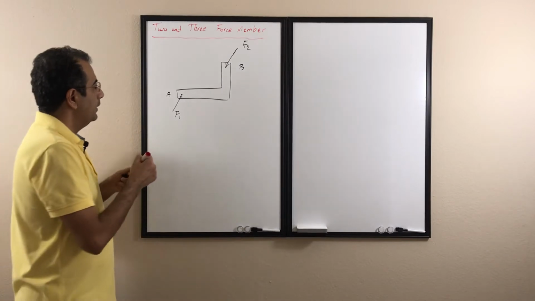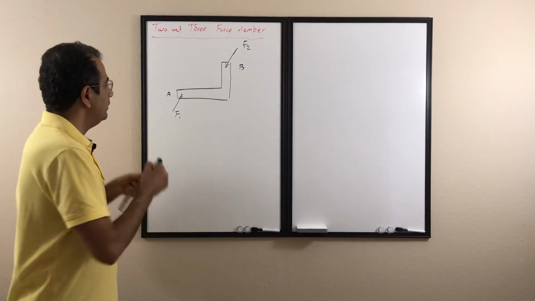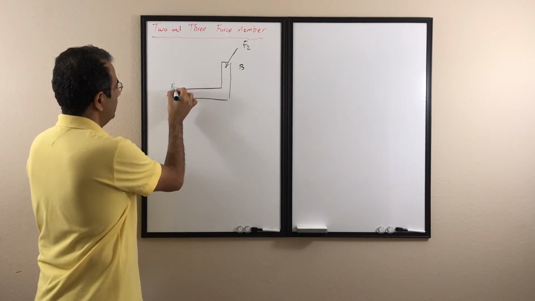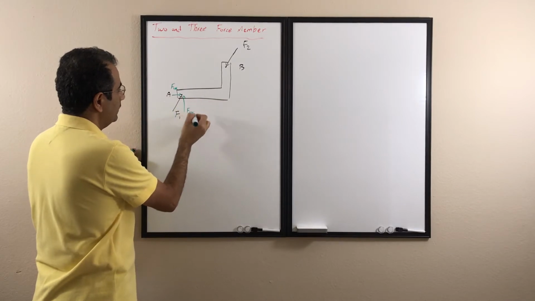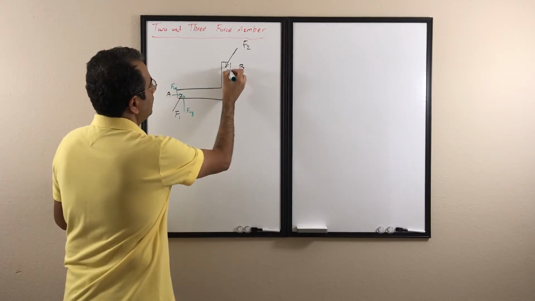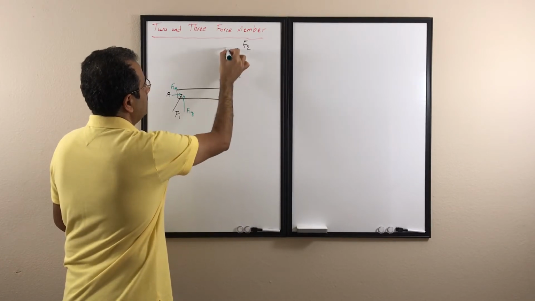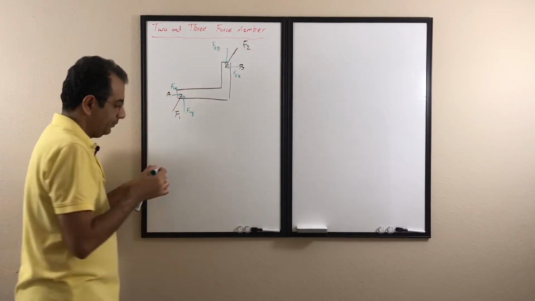So I'm going to write those components here. For F1, I have an x component, F1x, and a y component, F1y. Then for this one also, there's an F2x and an F2y.